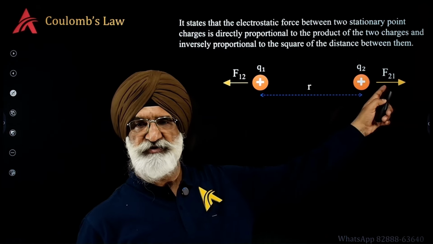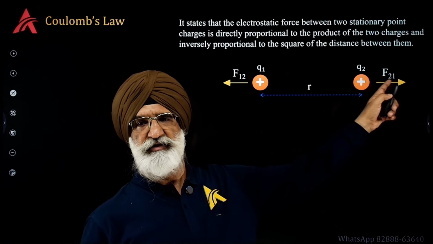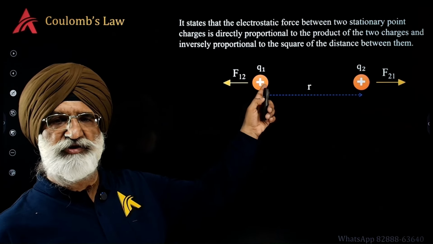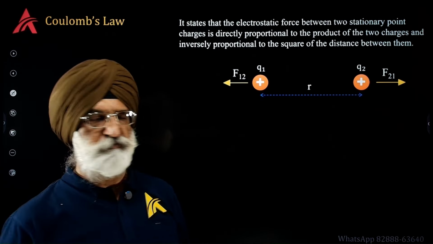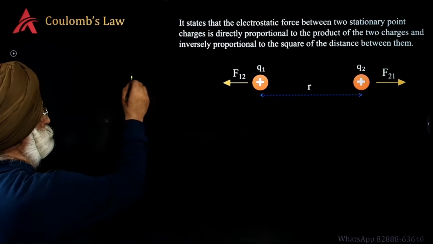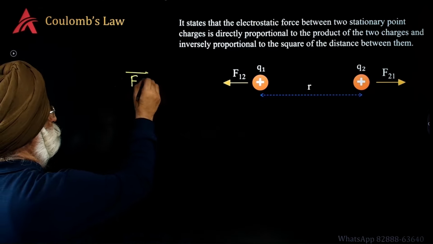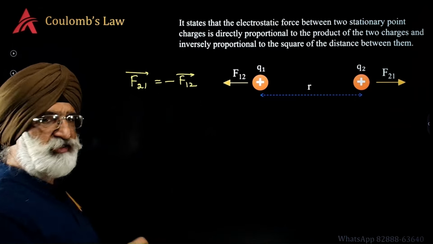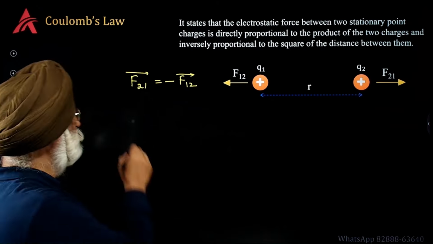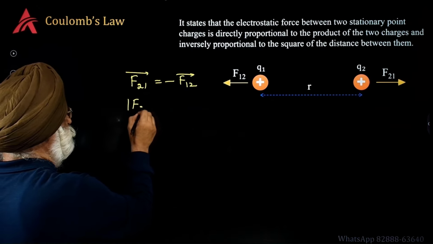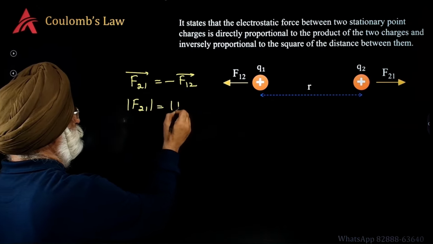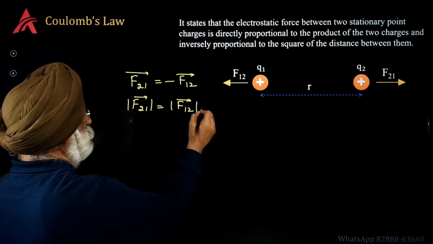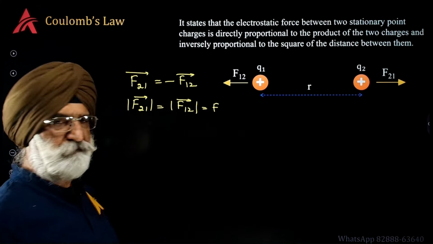The electrostatic force acting on charge Q2 be F21 and the electrostatic force acting on charge Q1 be F12. The two forces F21 and F12 are equal and opposite. They have equal magnitude. The magnitude of F21 and the magnitude of F12 are equal, and they are equal to F.